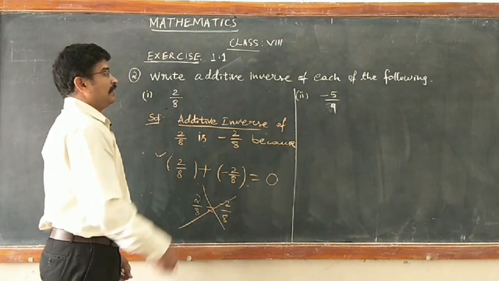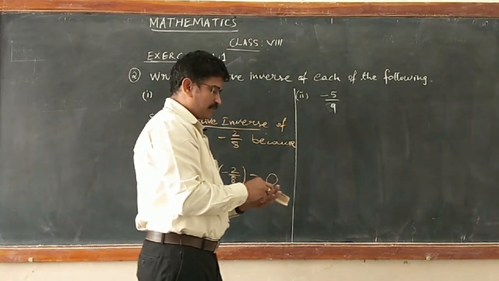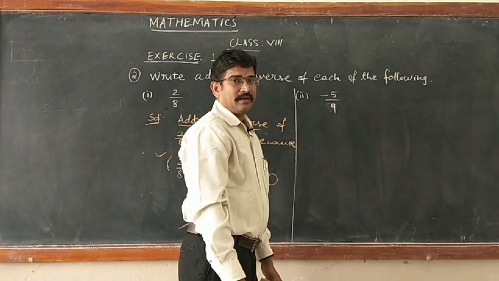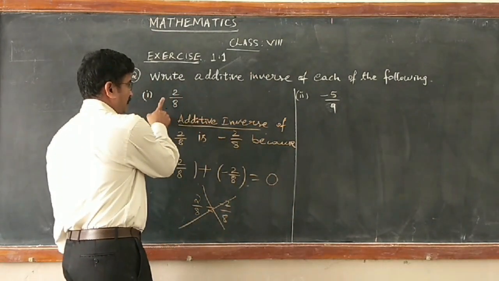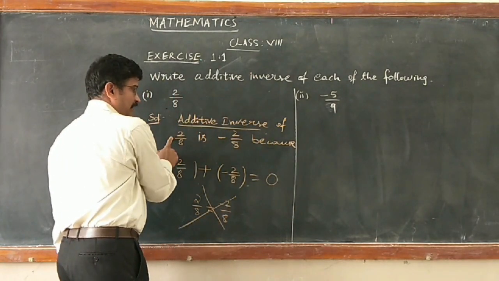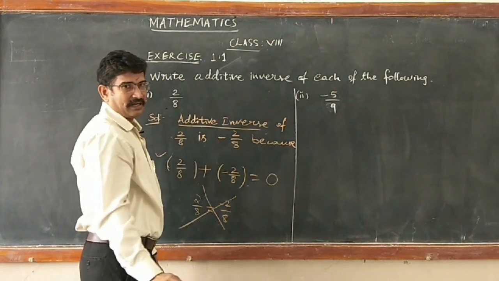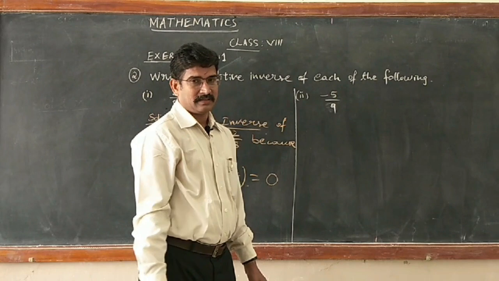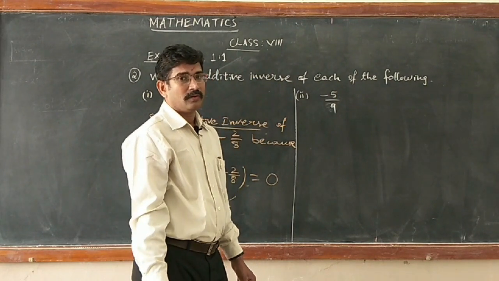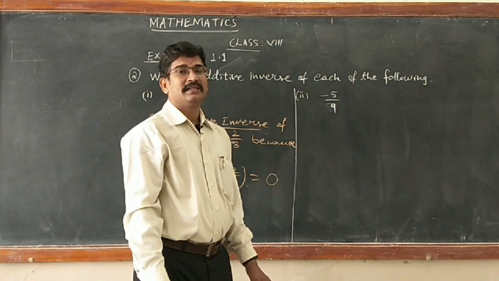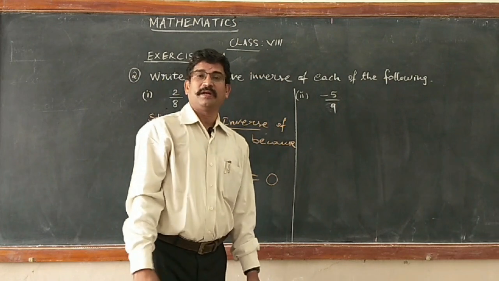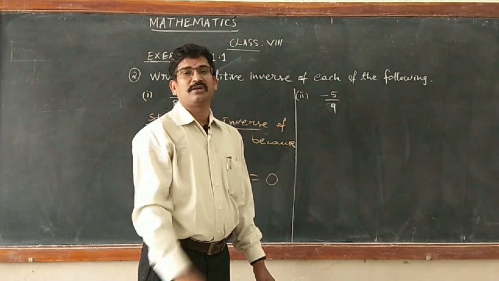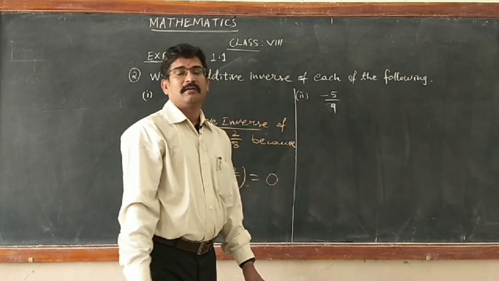Then the next question, try to observe here, minus 5 by 9. If there is no negative sign, we will put a negative sign. If there is already a negative sign, then what should we do? We have to recollect one important property of negative numbers, multiplication of integers.